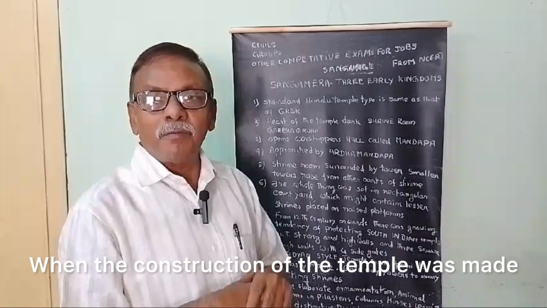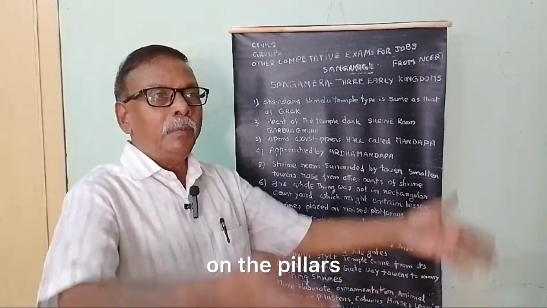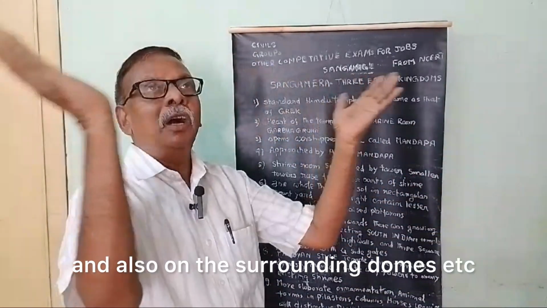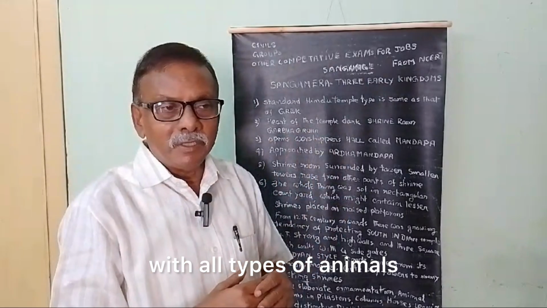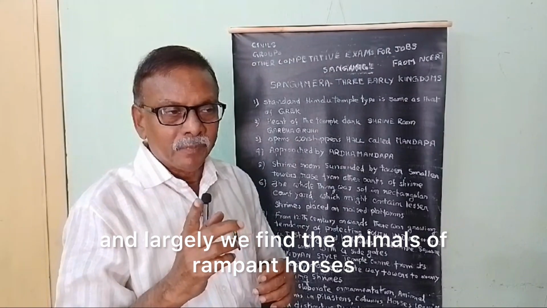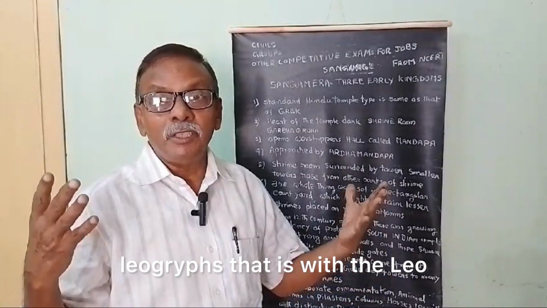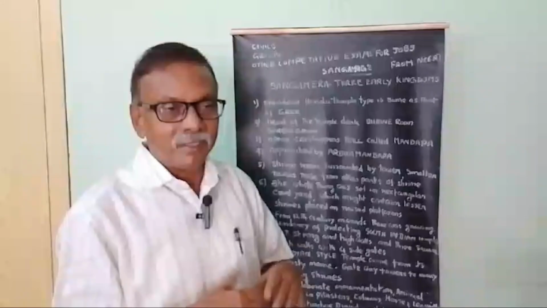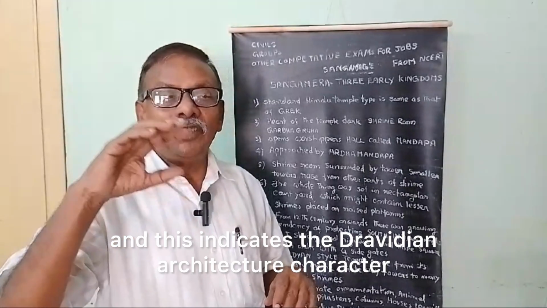When the temple was constructed, there was great ornamentation on the pillars and also on the surrounding domes, etc., with all types of animals, and largely we find rampant horses, leogryphs, that is with Leo figurines, and this indicates the Dravidian architecture character.